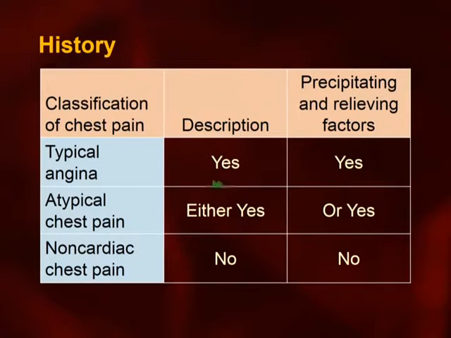So if it fits the description and the location and the precipitating and relieving factors are just right, all of those have to be right for you to have what's called typical angina. Otherwise, if maybe the location is off or it's not relieved by rest, one of those factors is off, you call that atypical chest pain. And then non-cardiac chest pain has none of those three features that I just mentioned.